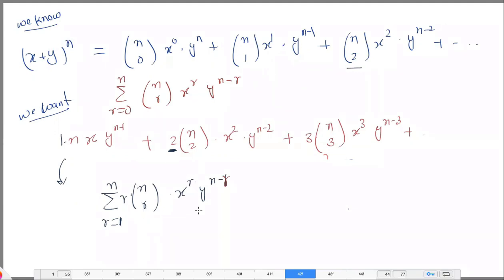So basically, if you just see, you can do it. You need to basically differentiate this, and then multiply by x. Differentiate this with respect to x, and then multiply by x. Okay, let me quickly do it. So if you differentiate this, what you will be getting? This is r equal to 0 to n, nCr.